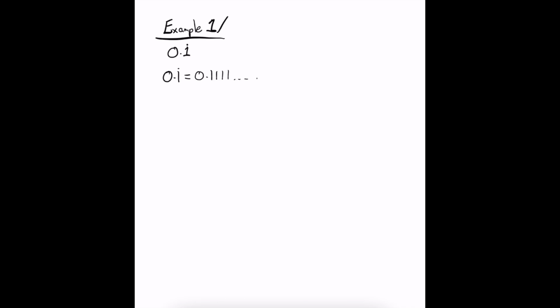When we want to write this in terms of a fraction, remember the first step is to break it down into its components so that we get some sort of GP. So we have 0.1 plus 0.01 plus 0.001, and we can keep going, but I won't. Our R is equal to 0.1. Our A is also equal to 0.1 because that's our first term.